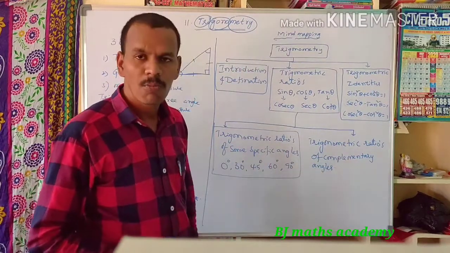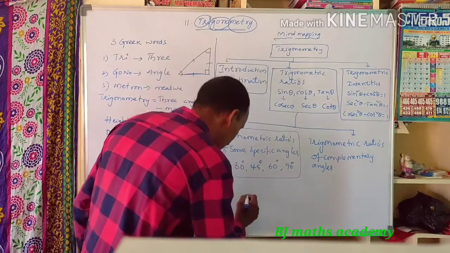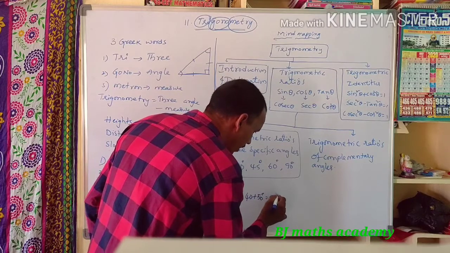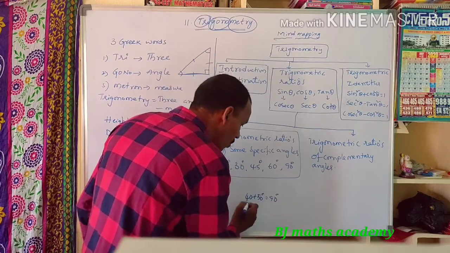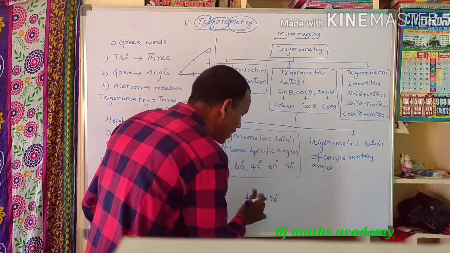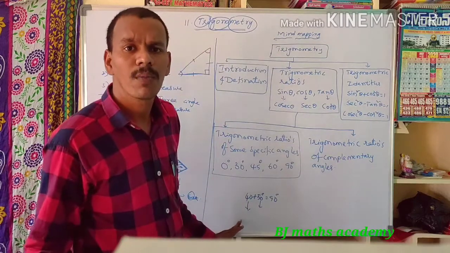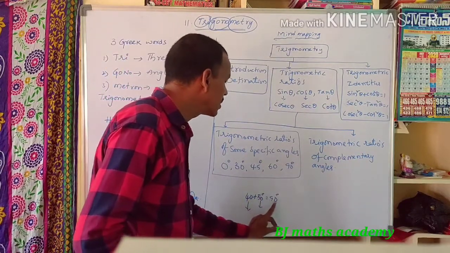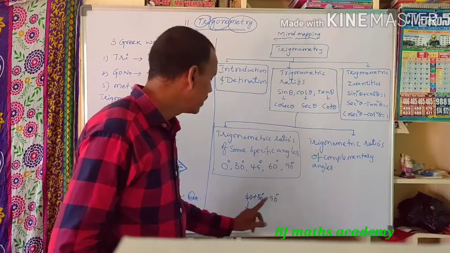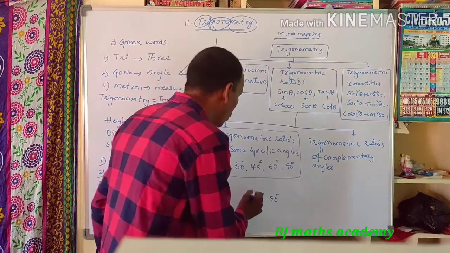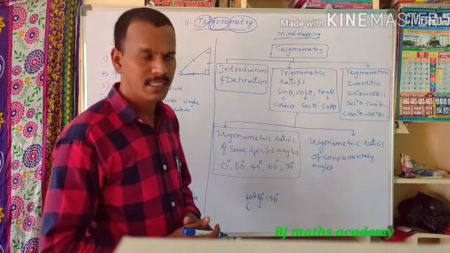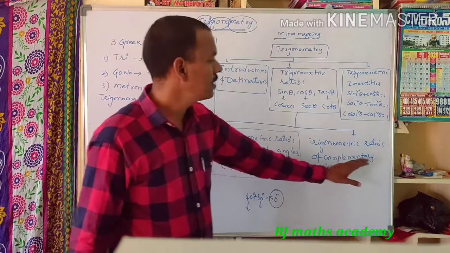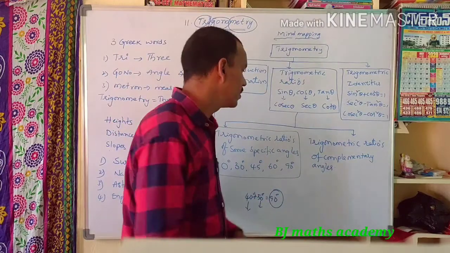For example, 40 degrees plus 50 degrees is equal to 90 degrees. So 40 degrees and 50 degrees are called complementary angles, because the sum of the 2 angles is 90. That's why we can use 90 minus theta in complementary angles.